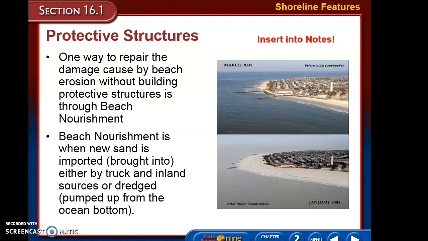There were some pipes there that you would never see. And they were going to have to do what they call beach nourishment, which basically is shipping sand in, importing it in, and dumping it so you have a beach like you think of as a beach. And on the right-hand side there you see some pictures of beach nourishment, before initial construction and after initial construction with a beach.